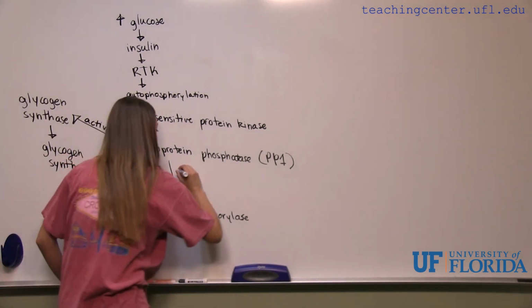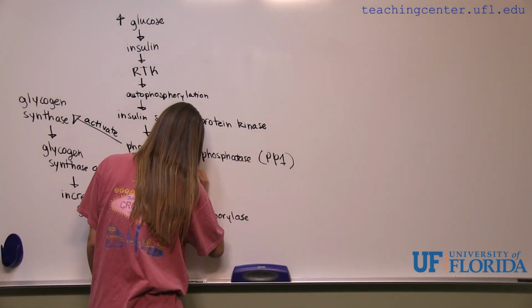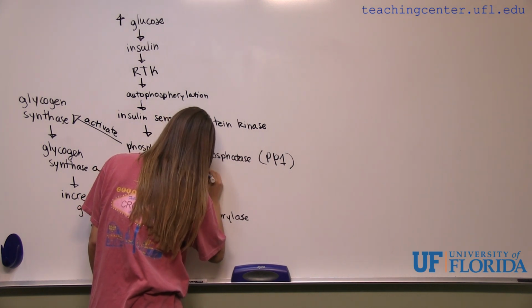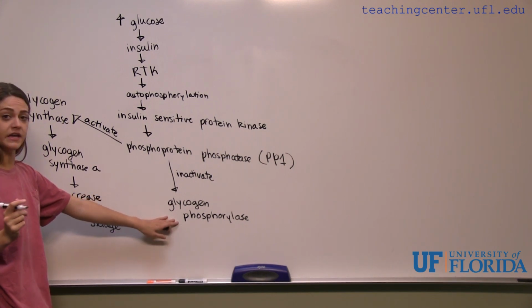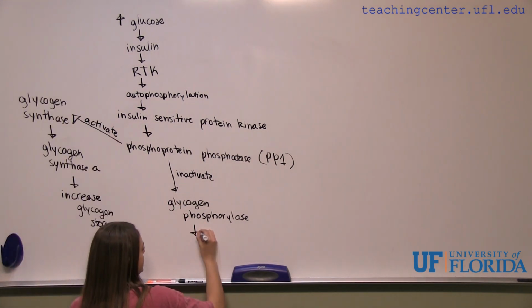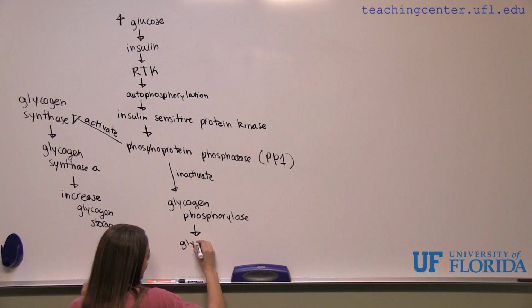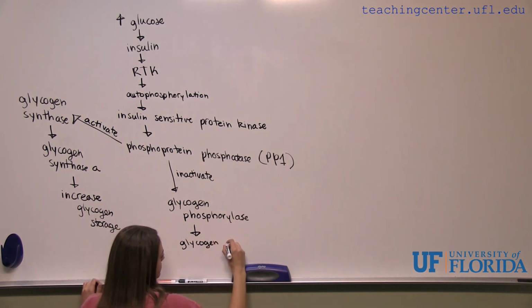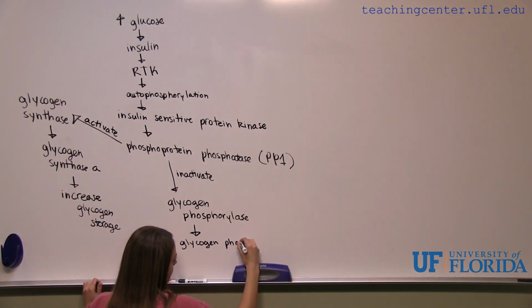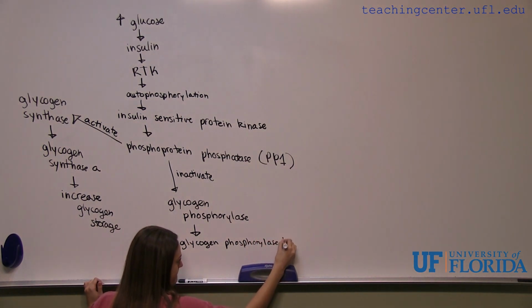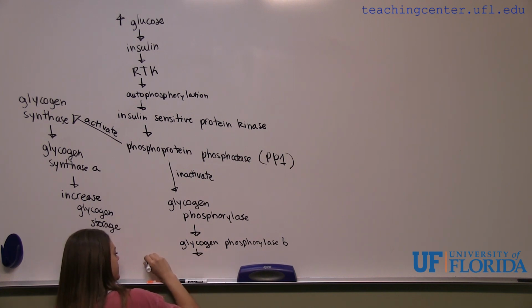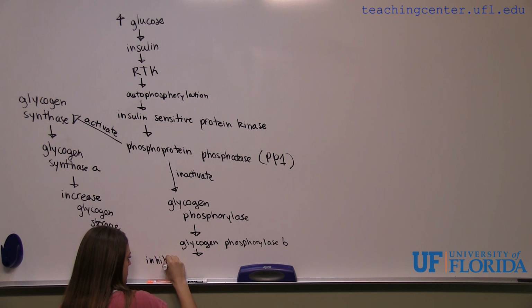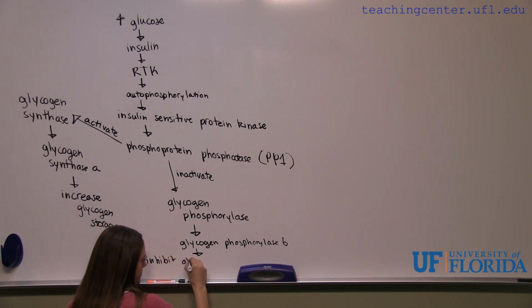So we want to inactivate this enzyme, which is then going to turn this glycogen phosphorylase A into glycogen phosphorylase B, which is the inactive form of it. And this is going to inhibit glycogen breakdown.